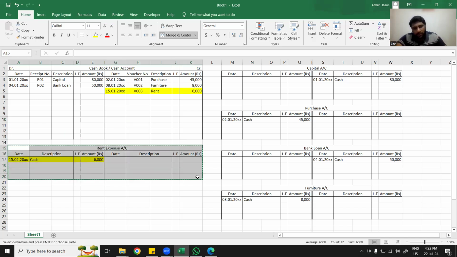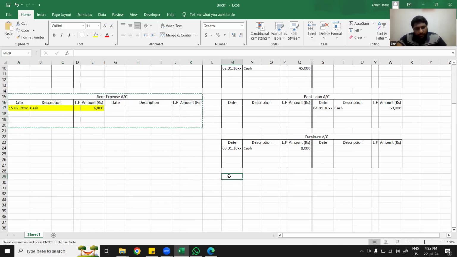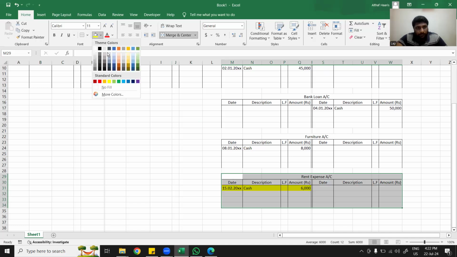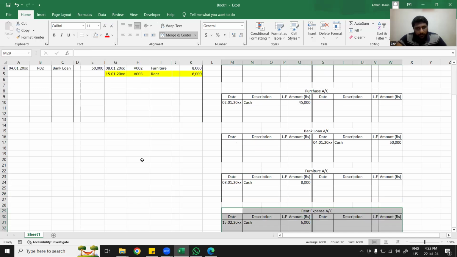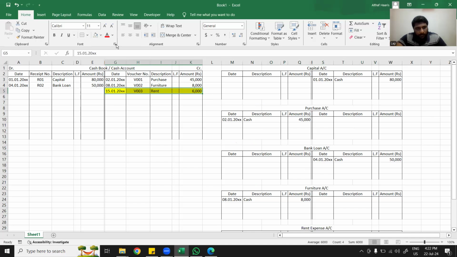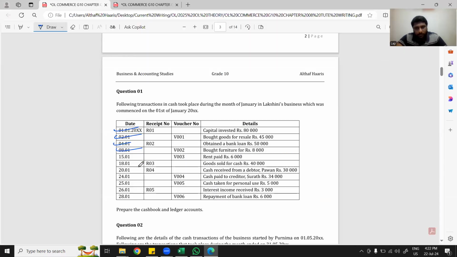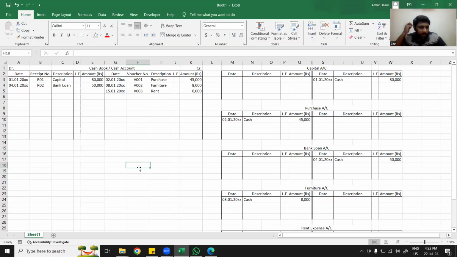Okay. The next one. Goods sold for cash are sales. Sales for 40,000. So if you sell, two impacts, cash sales. One is you are getting money.